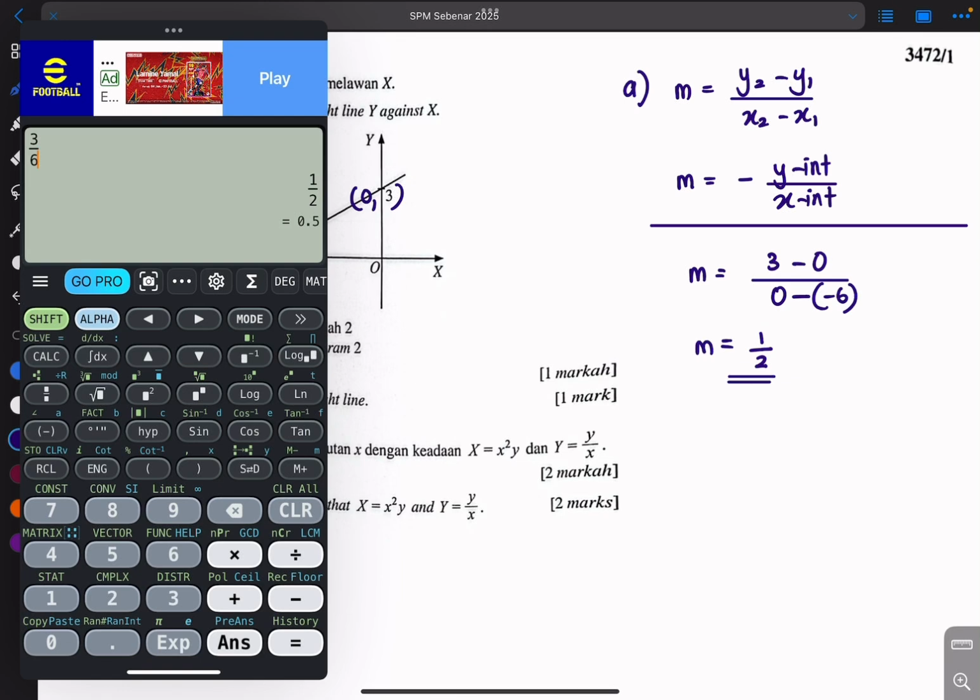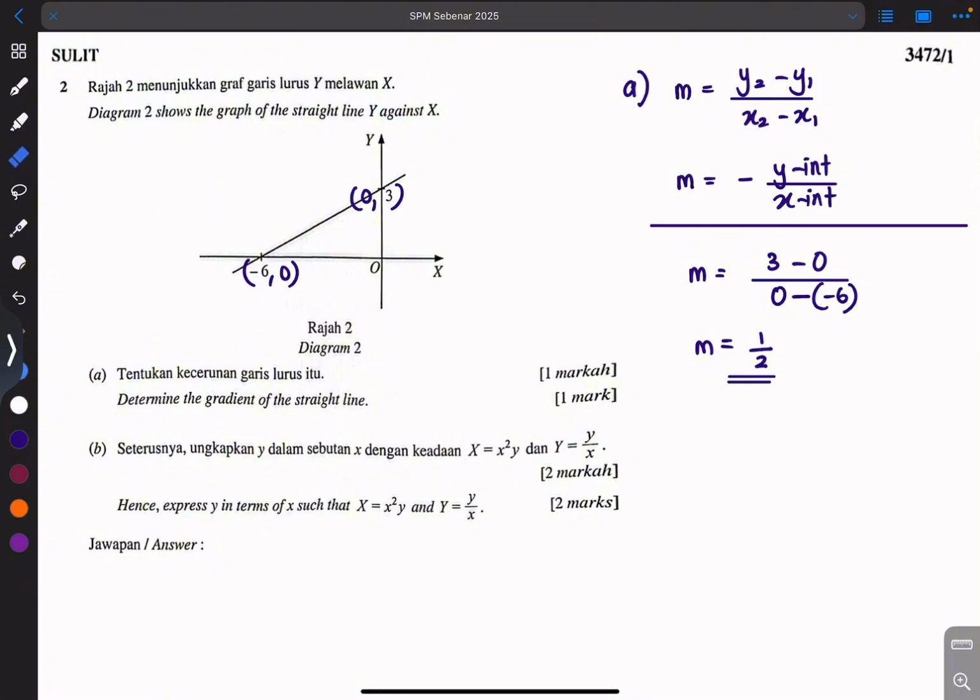Okay. If we use the second formula, it will be even easier. Second formula is just negative y-intercept, which is this, over x-intercept. So this will also give us 1 over 2.